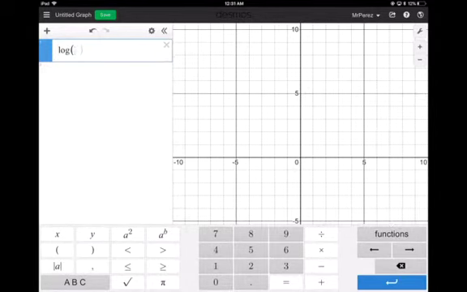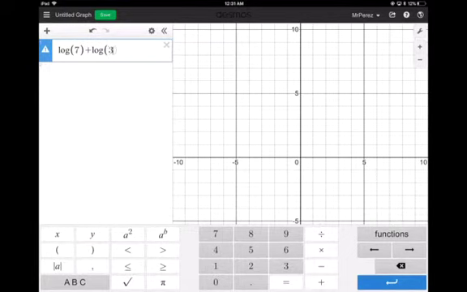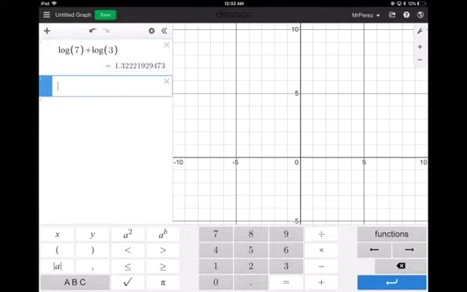So I'm going to do the log of 7, close parentheses, plus log of 3. And notice again, just a number, right? And I get 1.322219 and so on.